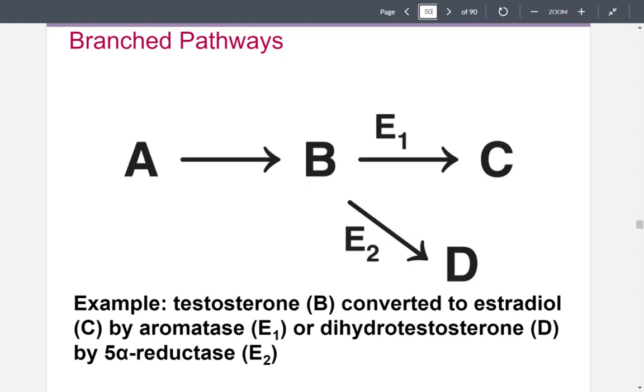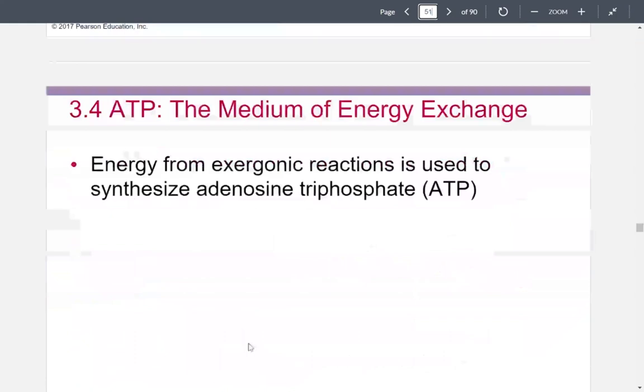If it is converted using the enzyme aromatase, we are going to get a product called estradiol. However, if it is converted by 5-alpha reductase, then we're going to get dihydrotestosterone. So it all depends upon what enzyme is used. We'll get 2 different products.